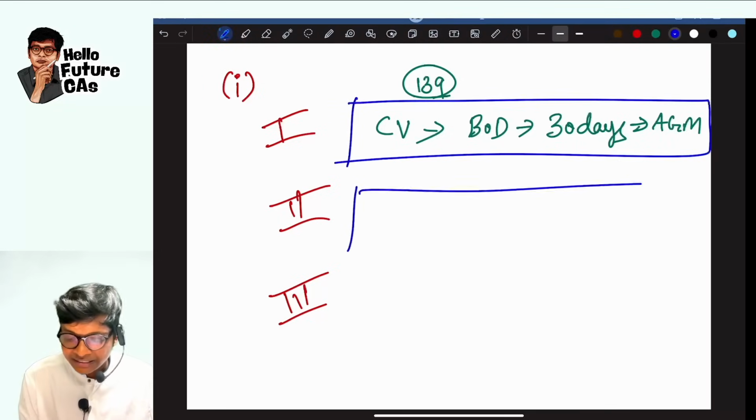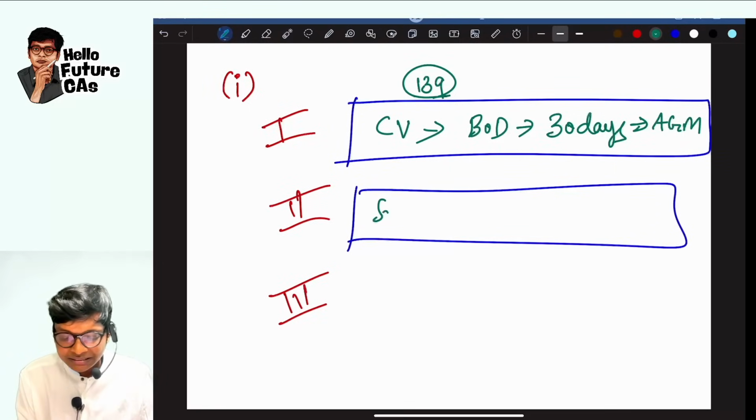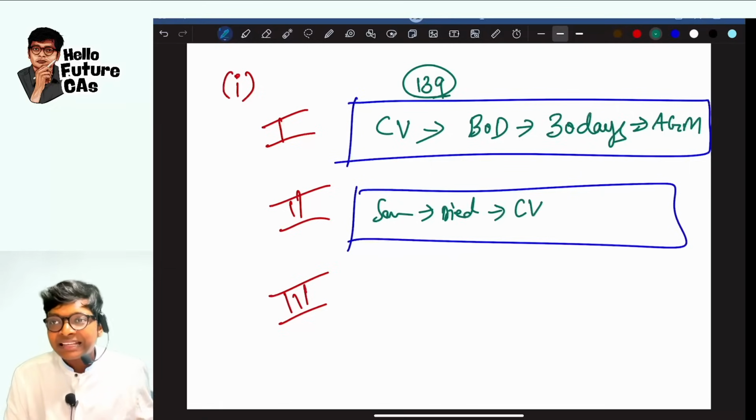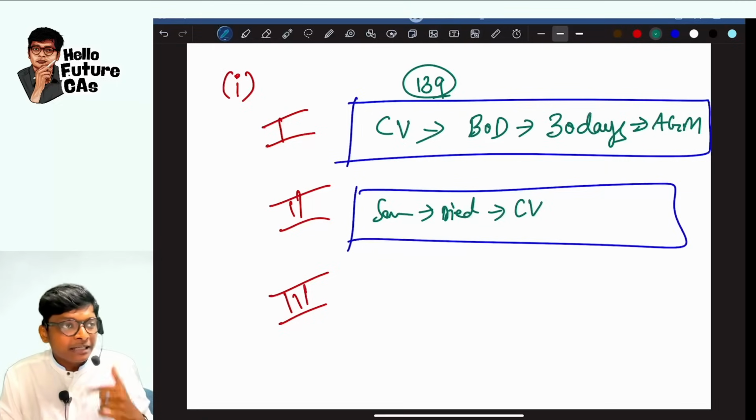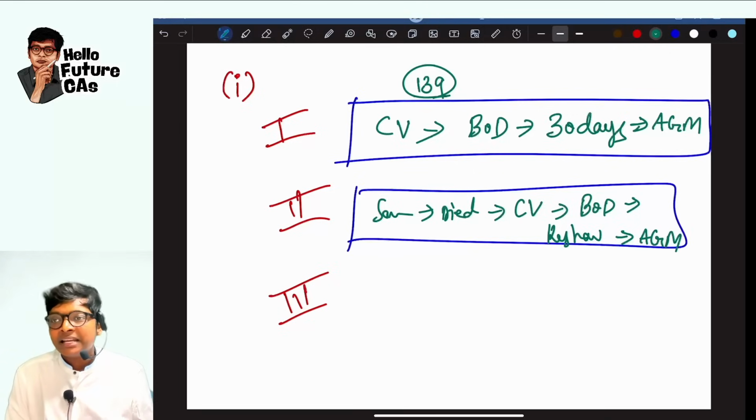Then in the next paragraph you have to write: in the given case, Miss Sangeeta died. This led to a casual vacancy. Therefore, the board of directors appointed Keshav, who can hold office till the conclusion of the AGM.